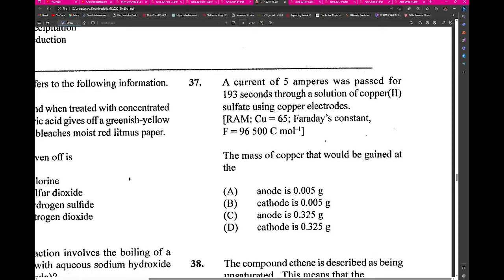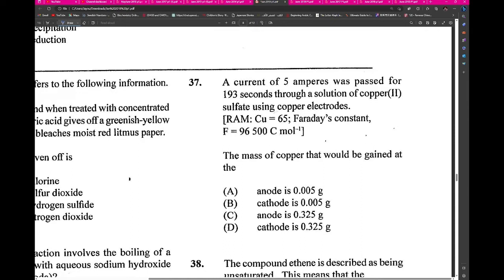A current of 5 amperes was passed for 193 seconds through a solution of copper(II) sulfate. We have Faraday's constant here. What is the mass of copper that would be gained? So we're looking at calculating mass with Faraday's constant.